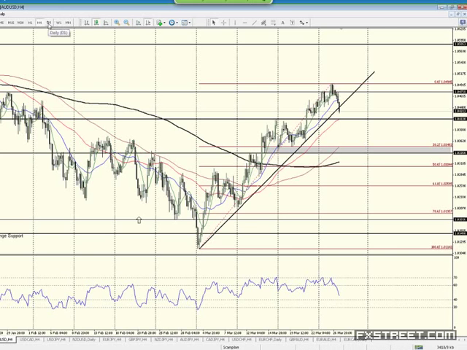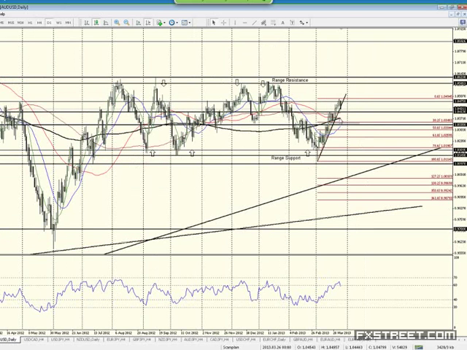As far as the larger picture goes, we looked at it like this. When the market is in this middle area, honestly, I don't know what to do. Maybe in the very short term we could short it into this area, but after that I would be sidelined if the market is trading in the middle of this range, unless you go into your 15-minute charts and try to trade there.